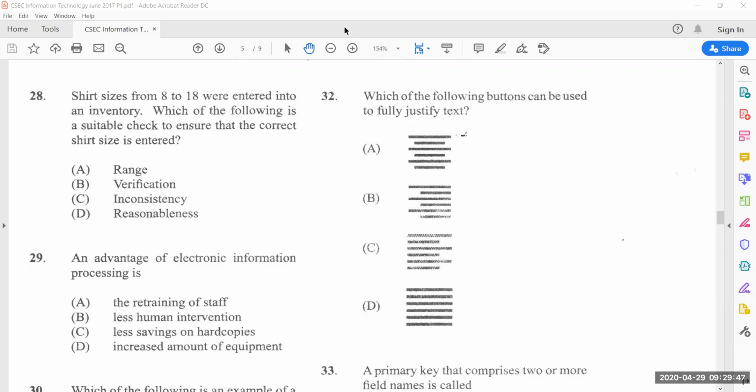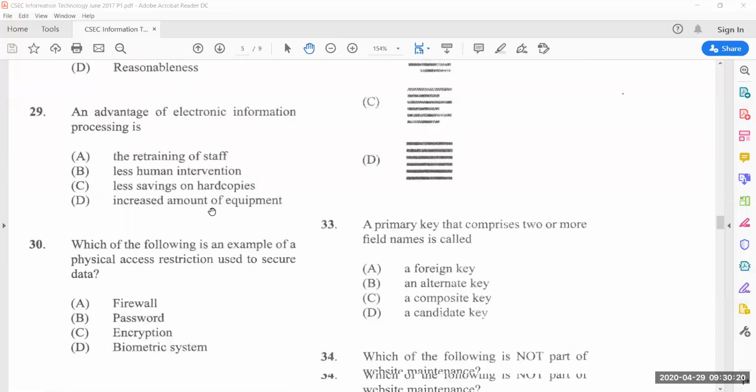Now, the verification check ensures that the data entered is the same as the source data. So the question they're asking is a suitable check to ensure the correct shirt size is entered. I would say a verification check, because it didn't state to ensure that it's outside the range, or a size of 20 or 6, right? So I think a verification check is more suitable there.